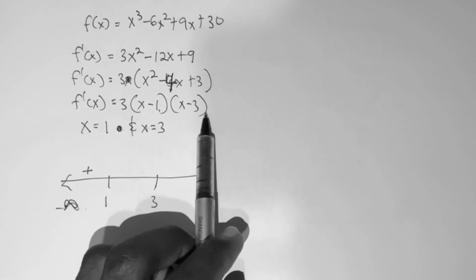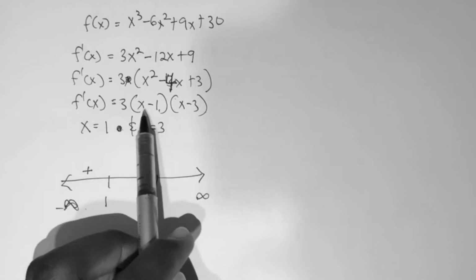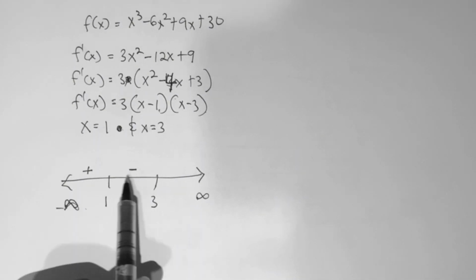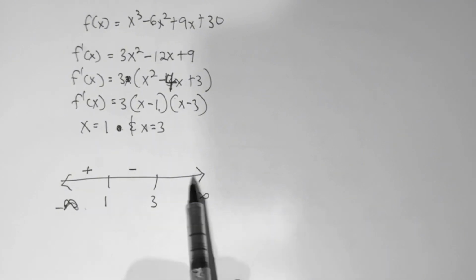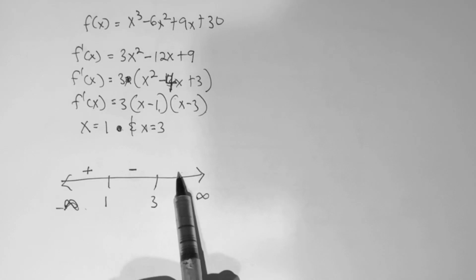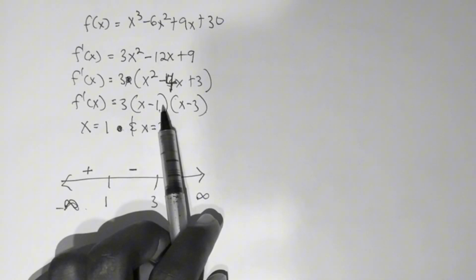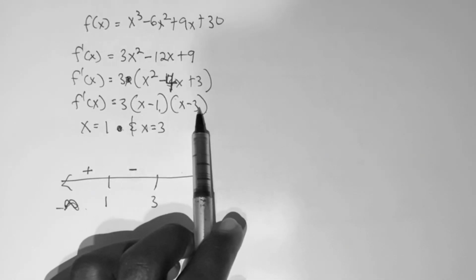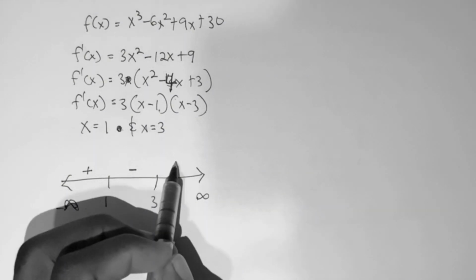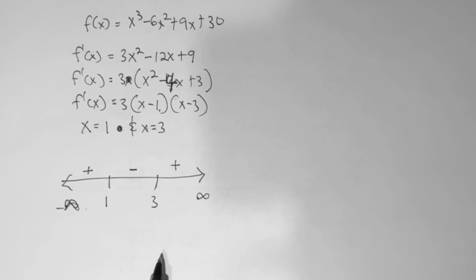Then 2 minus 3 is -1. So 1 times -1 is -1. So this region is less than 0. Then in this region, let's choose a value between 3 and infinity. For example, 4. 4 minus 1 is 3. Then 4 minus 3 is 1. 3 times 1 is 3. So this region is greater than 0.